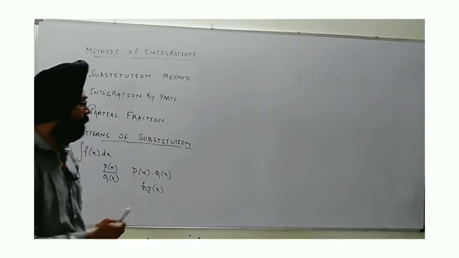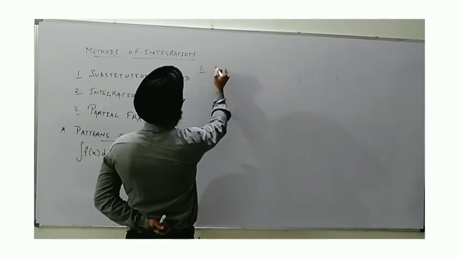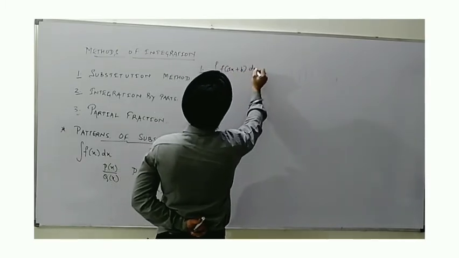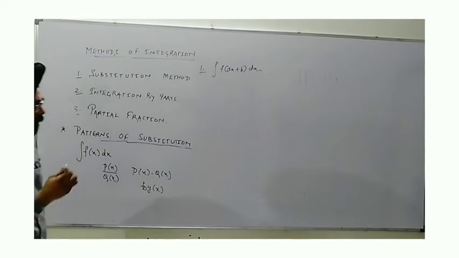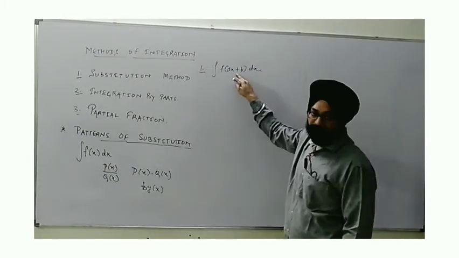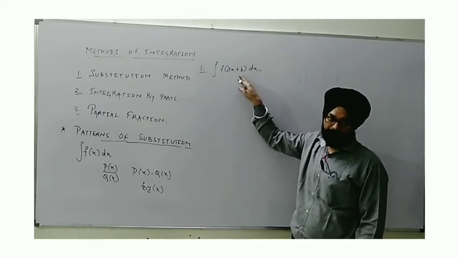What are these patterns? Pattern number one, the very first pattern. This is the integral of f of (ax plus b) dx. Here we should understand what it means. We are given not f of x, we are given f of (ax plus b), a linear polynomial in place of x.